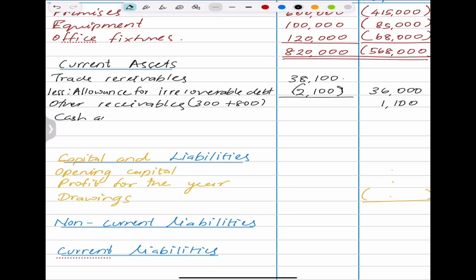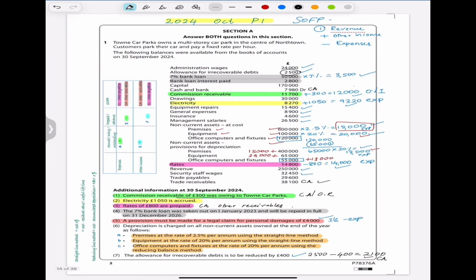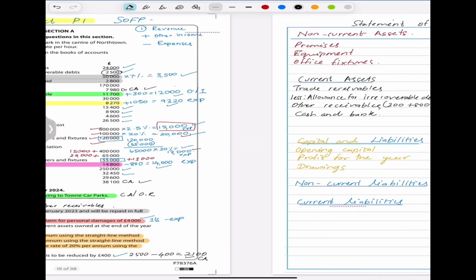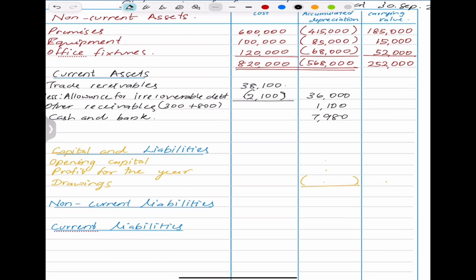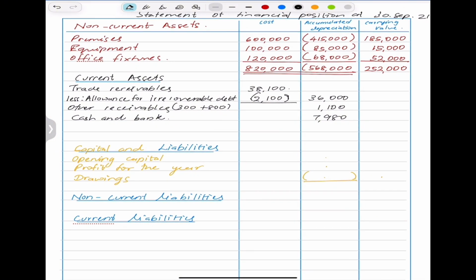Cash in bank. Here cash in bank is 7,980. Now these are the items that come under current assets. Now let's add up these three figures, which should give 45,080. Now let's add 252,000 and 45,080, which should be equal to 297,080. This should be your total assets figure.